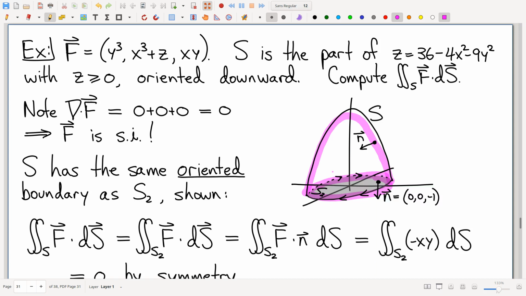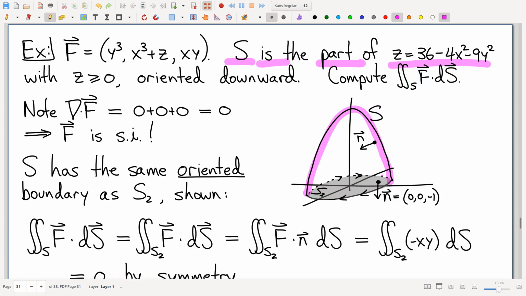So very importantly, look at the phrasing of the question. S is part of the paraboloid. It's just the part of the paraboloid. This business about z being greater than or equal to 0 is a clarification of which part of the paraboloid we're talking about.